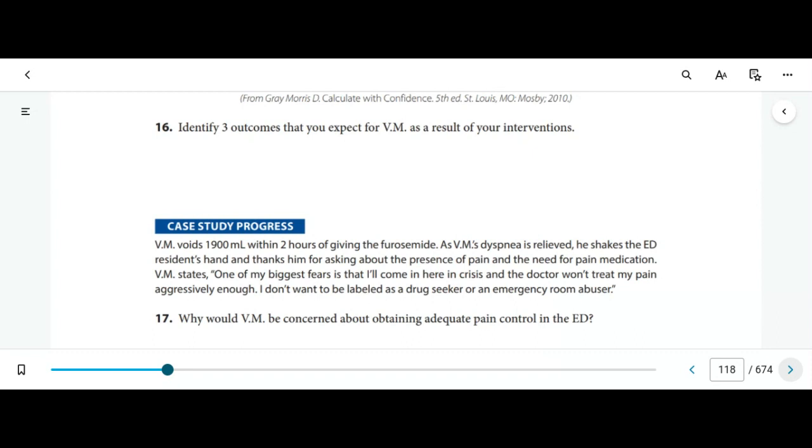He says, one of my biggest fears is that I'll come here in crisis and the doctor won't treat my pain aggressively enough. I don't want to be labeled as a drug seeker or an emergency room abuser. Is this a whole thing for our clients who have sickle cell disease? Oh, yes. And I have witnessed it because they do frequently come into the ER with these vaso-occlusive crises, and you get people who are like, oh, they just want drugs.